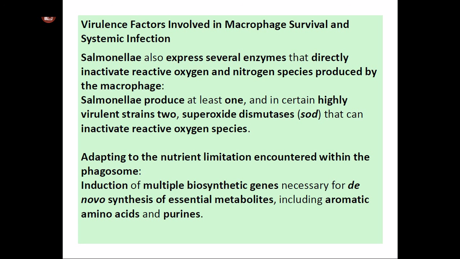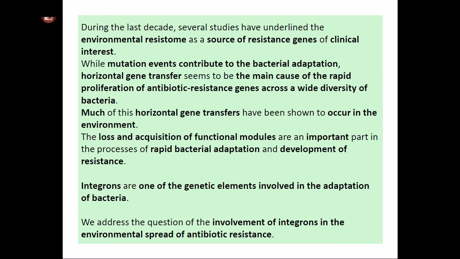These de novo synthesis genes produce essential metabolites, including aromatic amino acids and purines, so they can produce those purines, the necessary aromatic amino acids and some metabolites on their own inside those phagosomes, so that they don't need to rely on the host cell. All of these give Salmonella a greater advantage in surviving inside the phagosome for the longer run, or for causing systemic enteric fever.